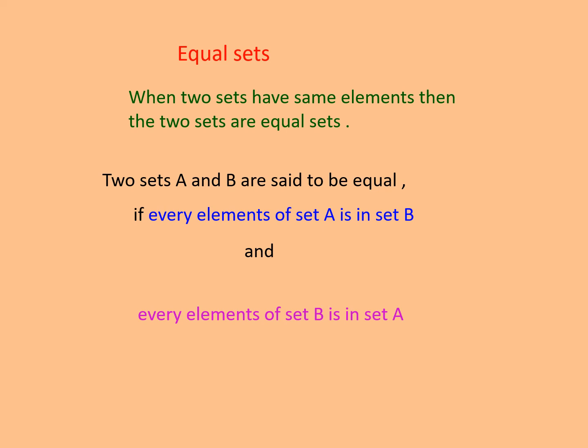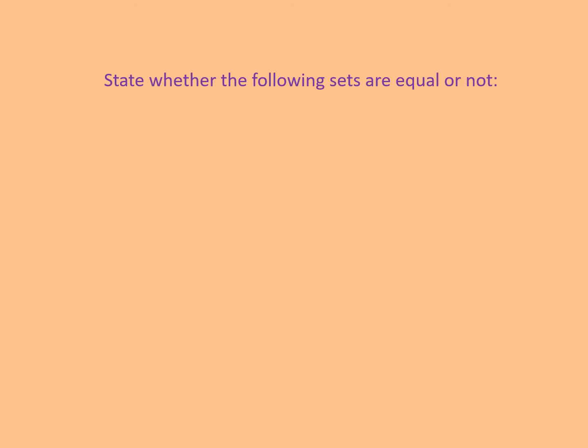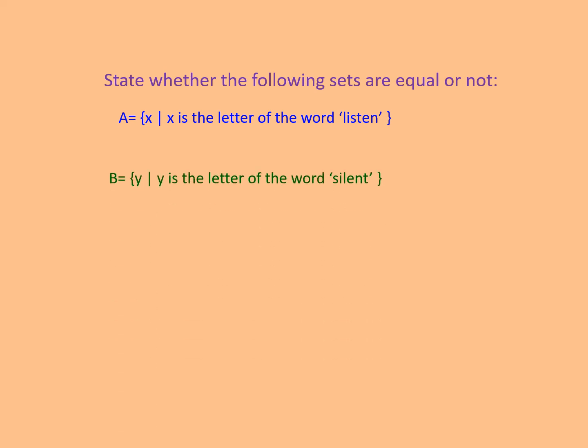Let us see one example for it. State whether the following sets are equal or not. Here we have A such that x is an element of set A such that x is a letter of the word listen. The second set they have given is B, y is an element of set B such that y is a letter of the word silent.